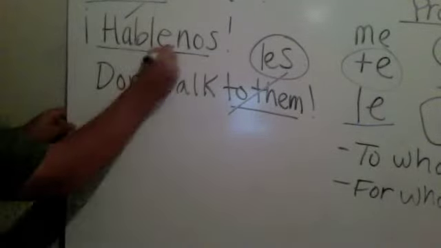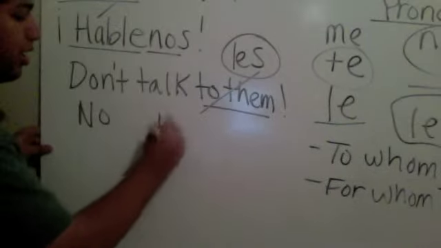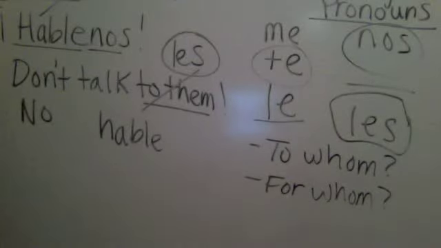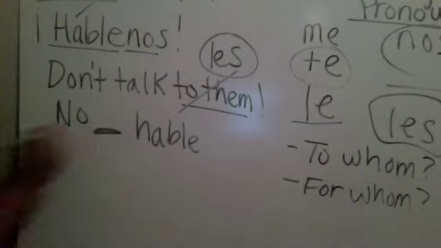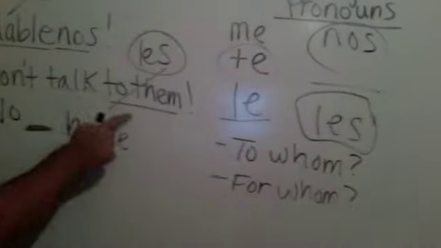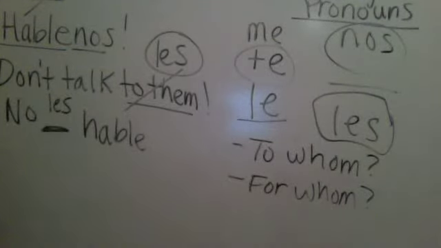Easy. We just add a no in front of this. No hable. There's our command. And our other rule, for negative commands, we can put one of these five pronouns before a negative command. We actually have to. That's one of our rules. We chose les to mean to them. So let's put that here. No les hable. There's our command.